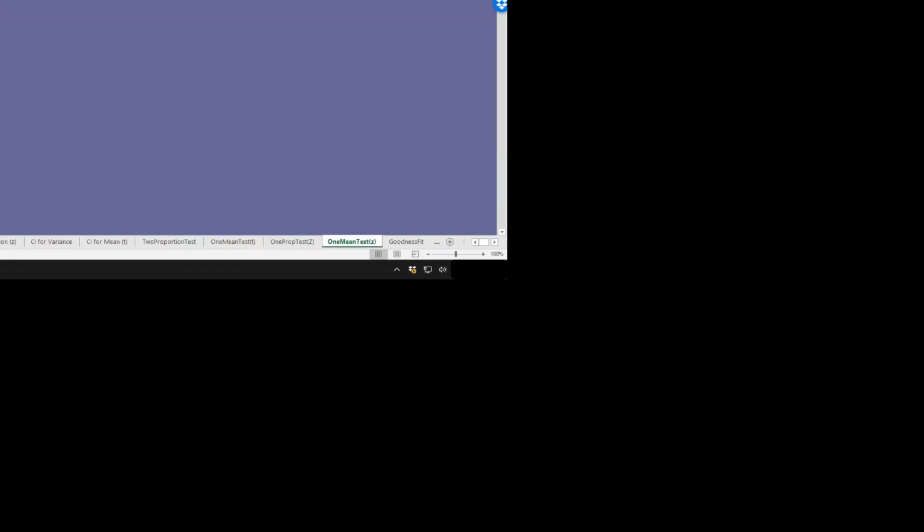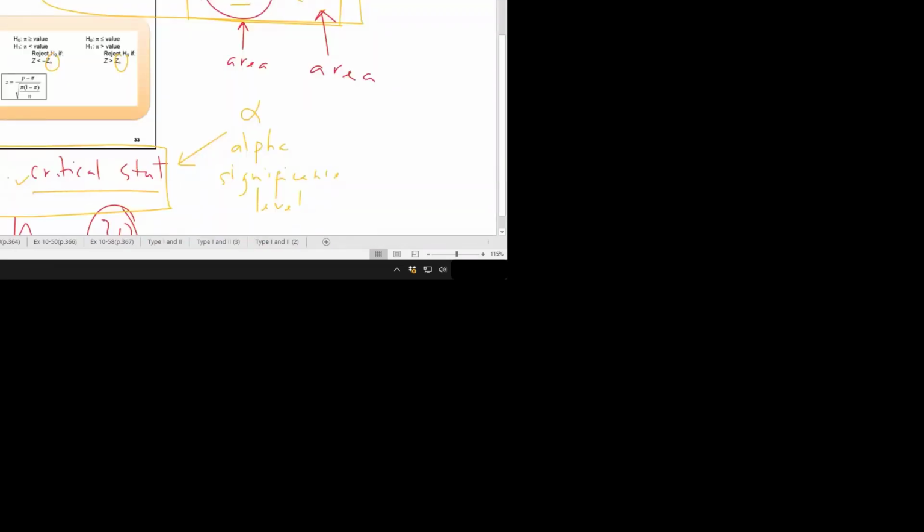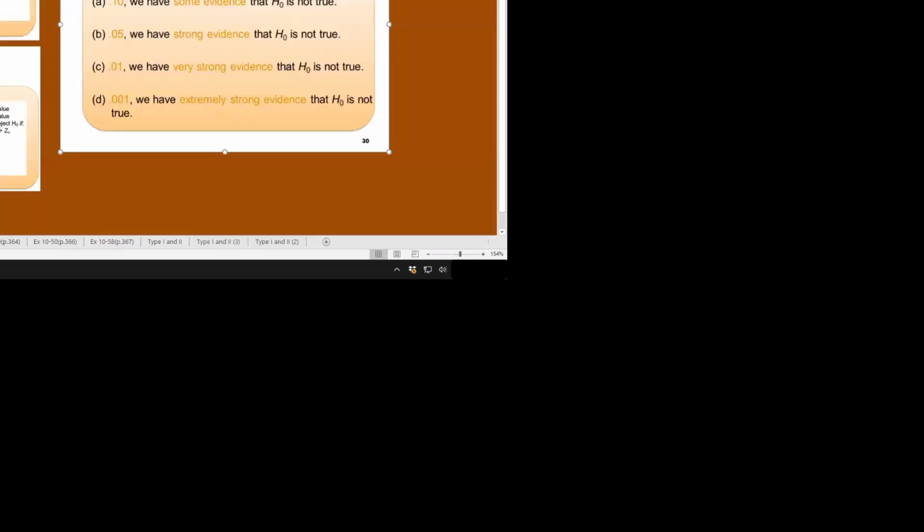All right. Another advantage of using the p-value as your decision rule is that it can give you an indication of the strength of the evidence that you have. And what do we mean by strength of evidence? Well, let's go back here.